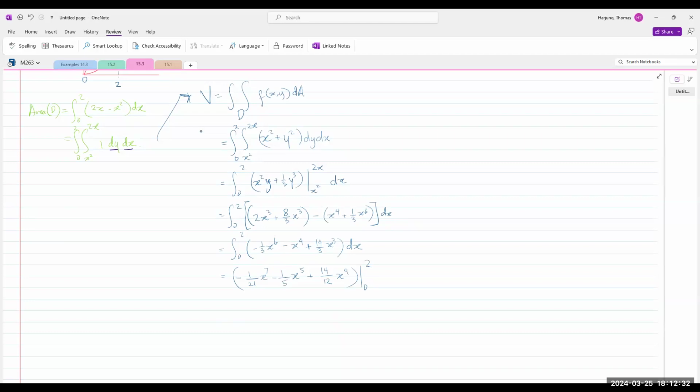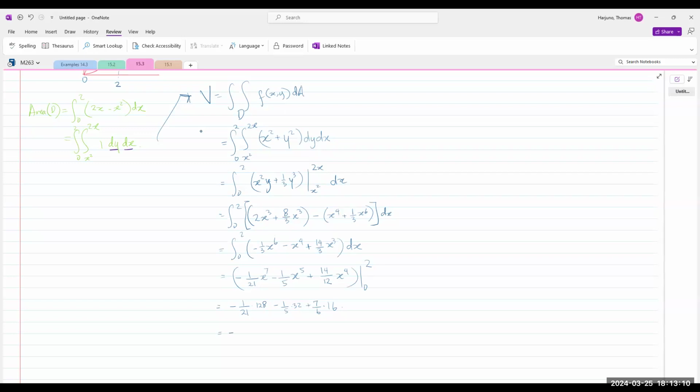Okay, and this is equal to what? 2 to the 7 is what? 32, 64, 128. 128 minus 1/5, that's 32 plus 7 over 6. I reduce that times 16. Not nice to compute.